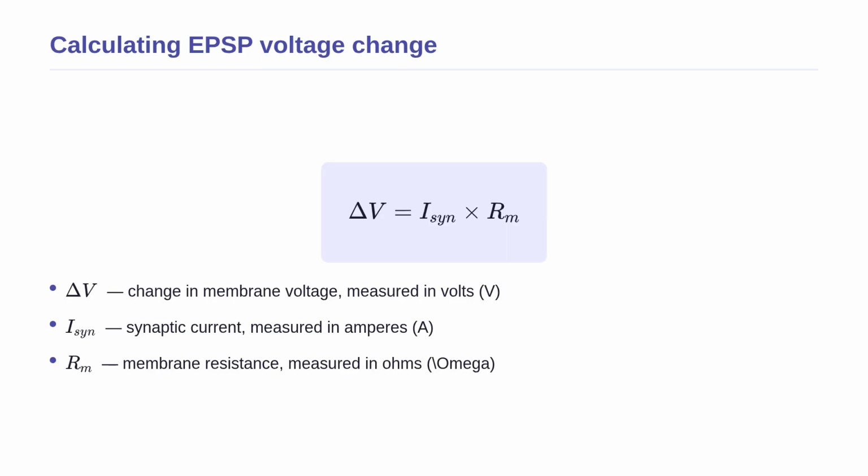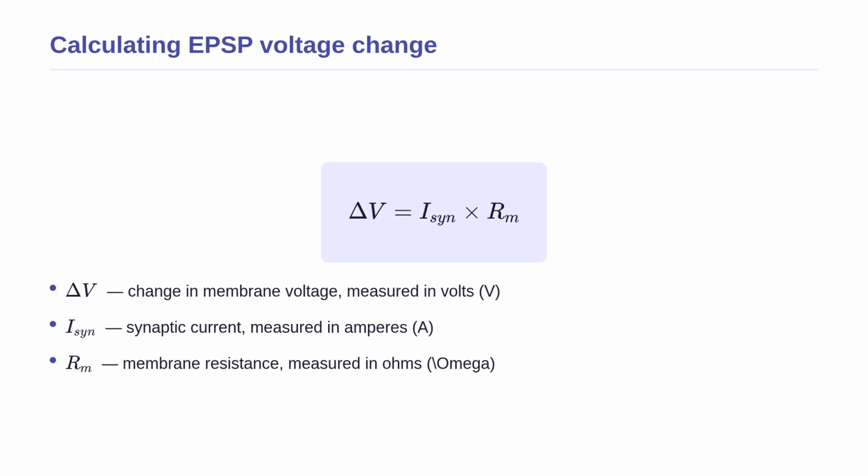Now that we understand what an EPSP is conceptually, let us look at how we can calculate its exact size. This formula is essentially a modified version of Ohm's law applied to a biological membrane. The symbol delta V represents the change in the membrane voltage, which is the actual size of the EPSP, measured in volts.